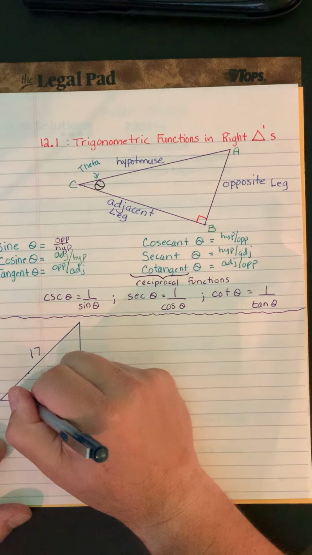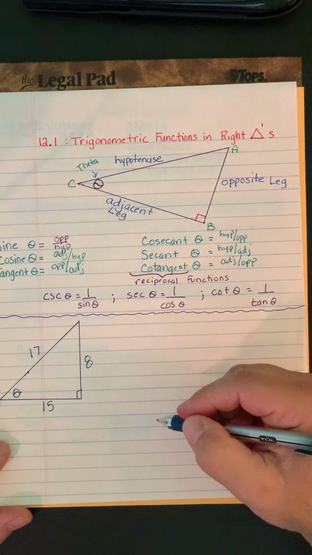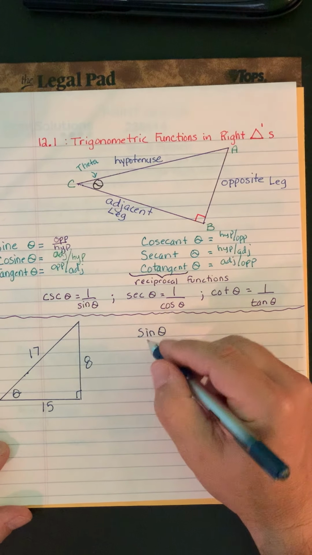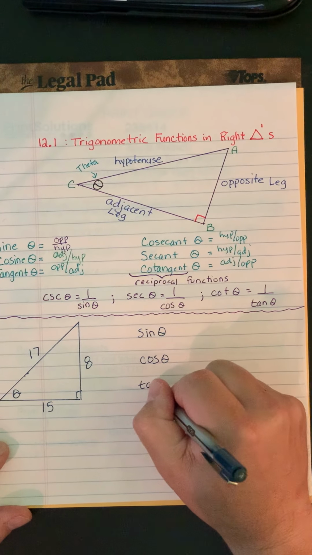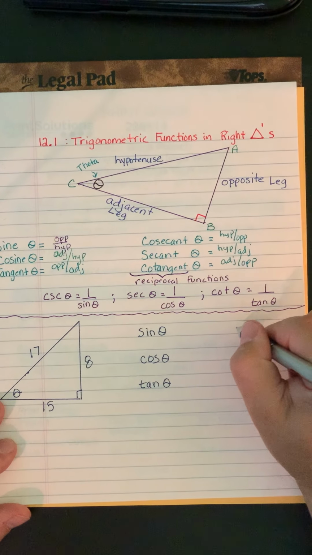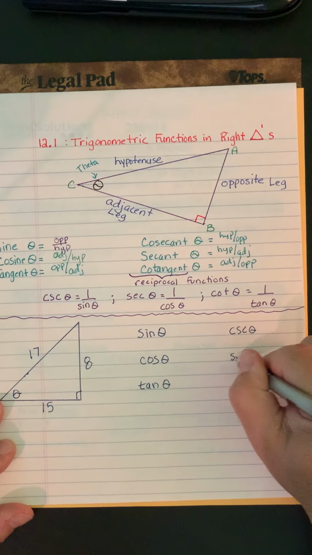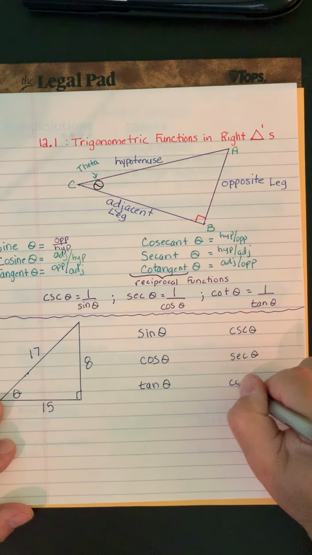All right, here's our theta. And we are going to find the 6 functions. So we're going to find the sine of theta, the cosine of theta, the tangent of theta, and then we are going to find the cosecant, the secant, and the cotangent.